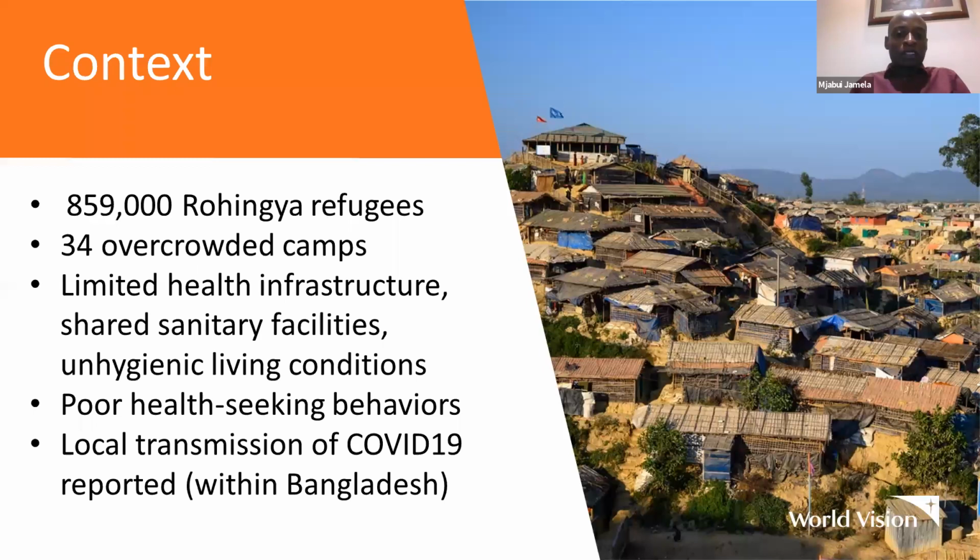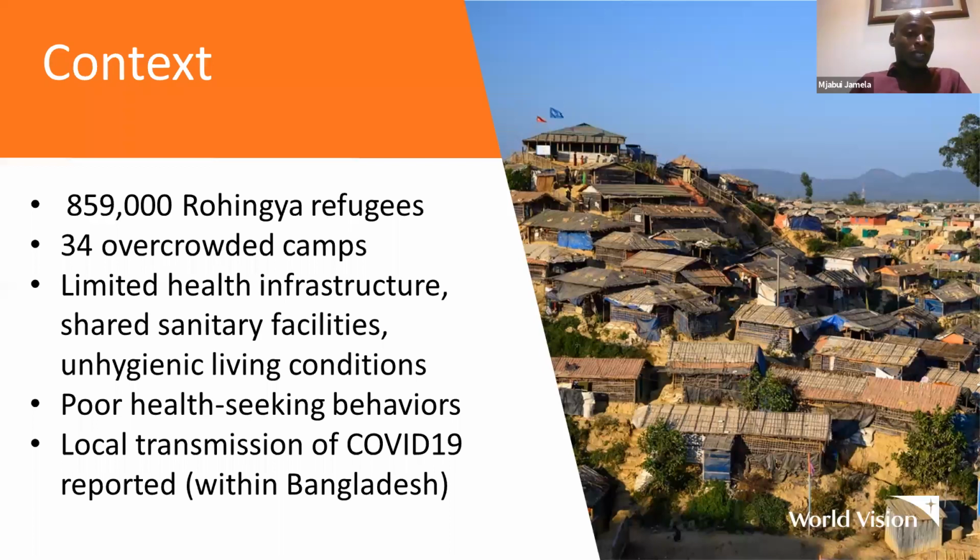Yeah, so a little bit of our context. We have more than 850,000 Rohingya refugees living in a very small part of Bangladesh, closer to the border with Myanmar, in 34 camps that are overcrowded. The general population density of Bangladesh is about 1,500 persons per square kilometer.